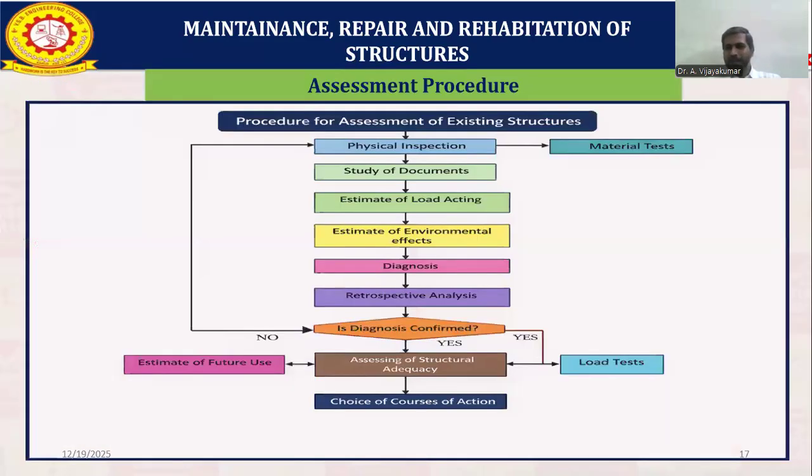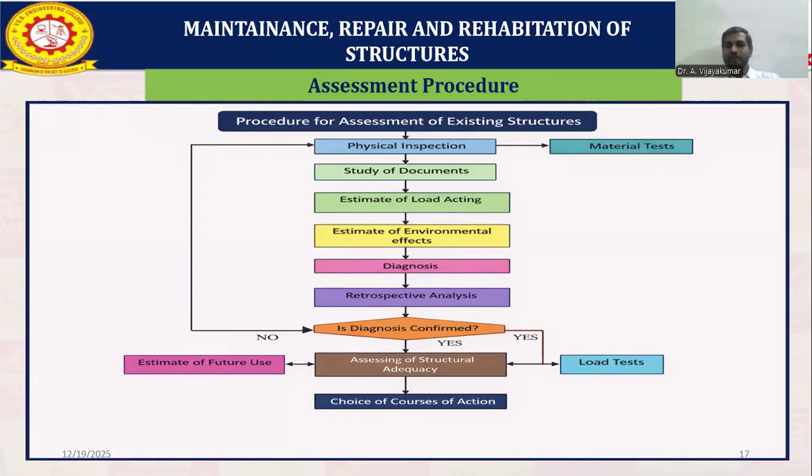Just as we started with the flow chart: first, physical inspection and study of all the documents of the area, including noting down all the cracks and taking photographs. Then estimate the load acting on the structure and the environmental effects, because environmental effects can cause damage to the buildings also. All those things we need to diagnose.